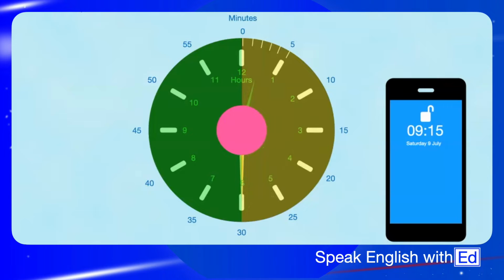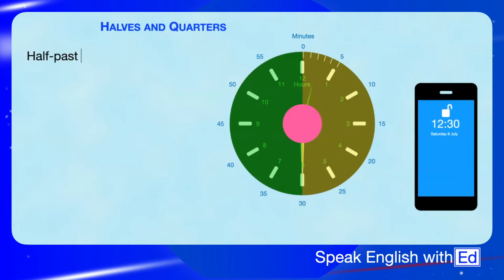So we look at the little one and it's 12 o'clock, and we look at the big one and it's gone halfway round, 30 minutes, so it's half an hour past 12 o'clock. But what we usually say is it's 12:30. We don't say half an hour, we just say half, and we don't say 12 o'clock, we just say past, half past 12.